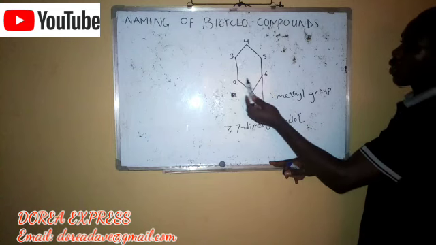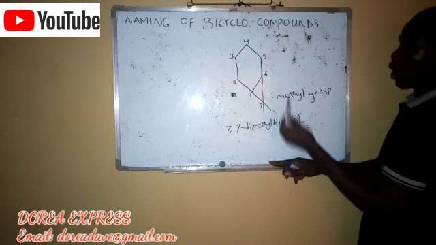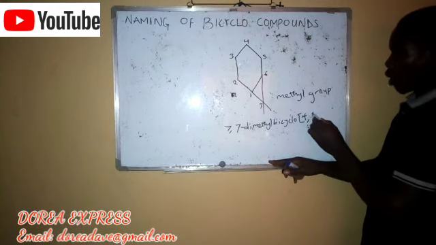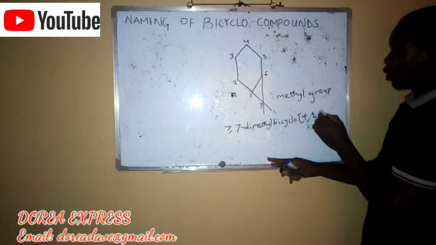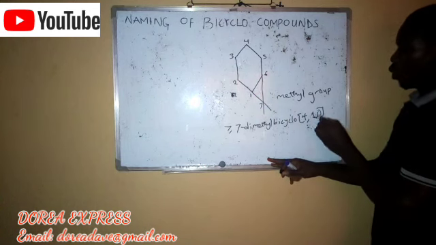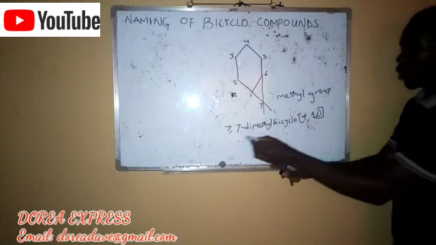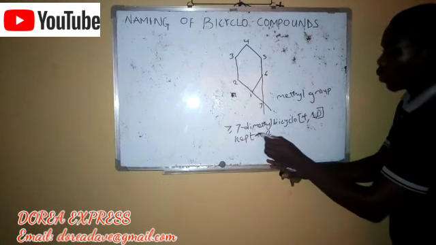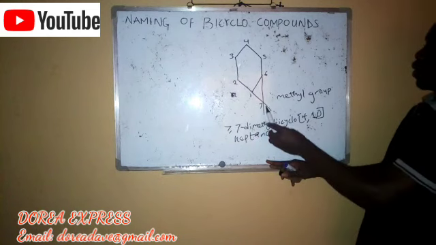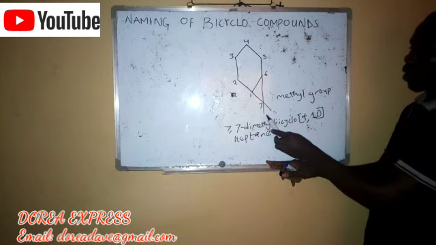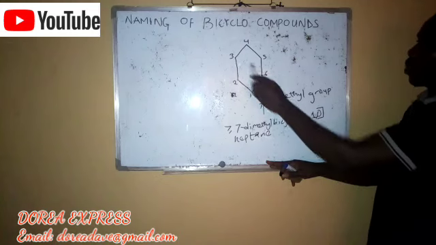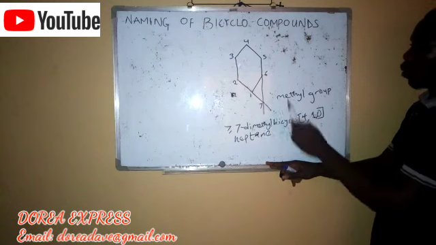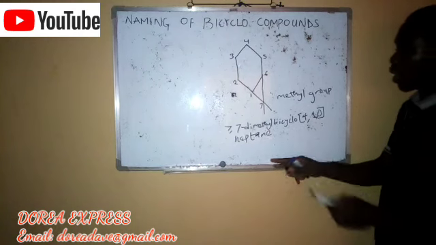Ignoring the head bridge, we have 1, 2, 3, 4 carbons here. We have a carbon here, 1, and we have no carbon in the head bridge, 0, heptane. So this is 7,7-dimethyl bicyclo 4,1,0 heptane.